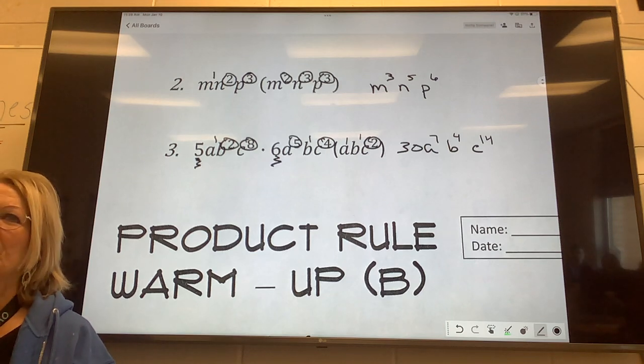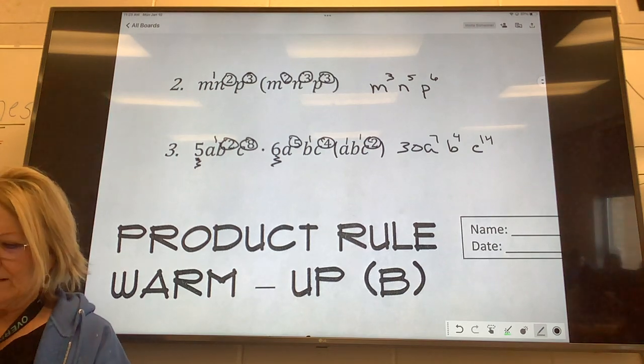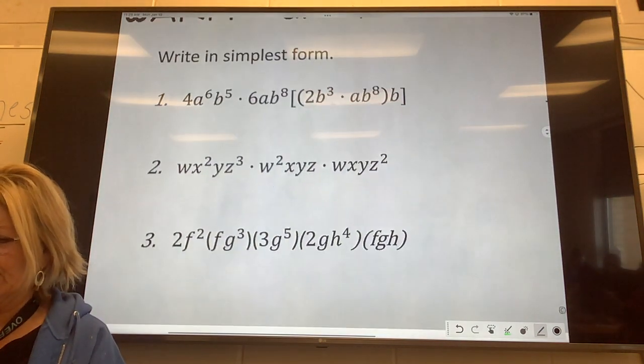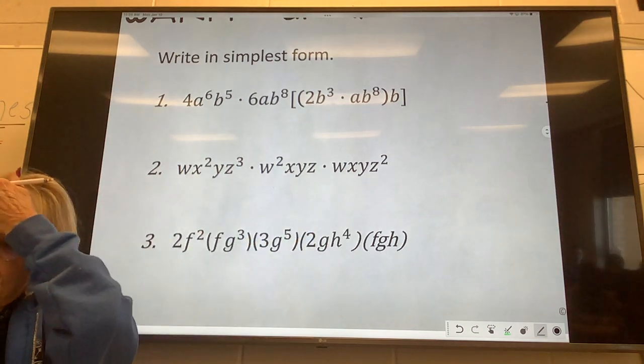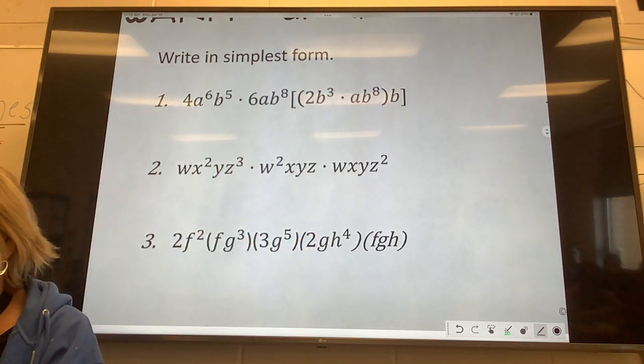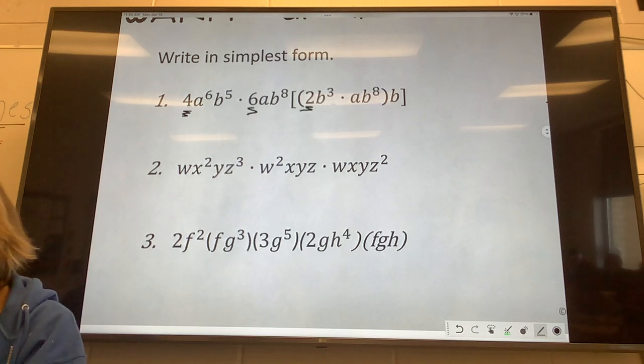Everybody with me? So far, so good? Okay. So we're going to move it on down. And again, it looks complicated, but it's not. This is all multiplication. So on this one, I'm going to multiply my big numbers. 4 times 6 is 24 times 2, 48.